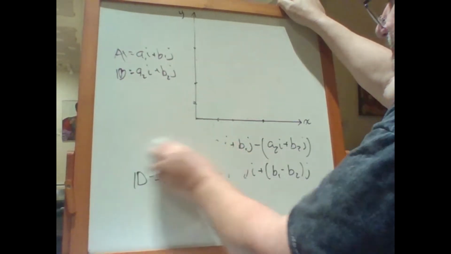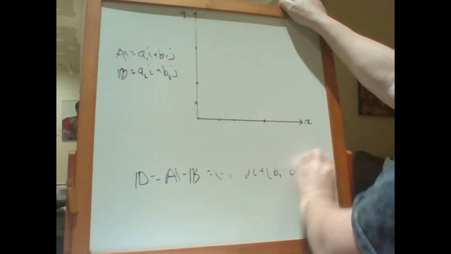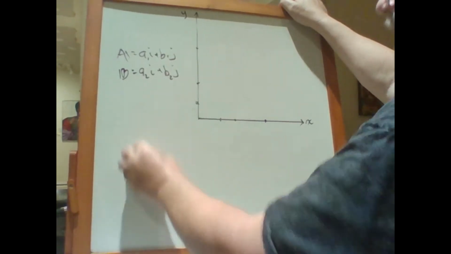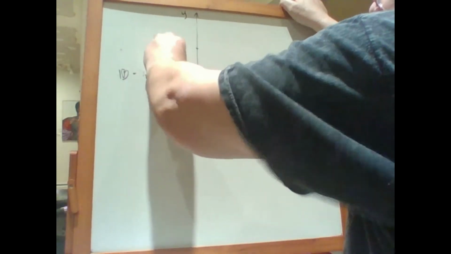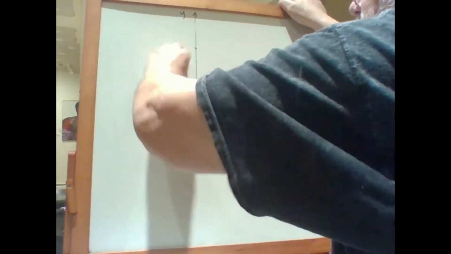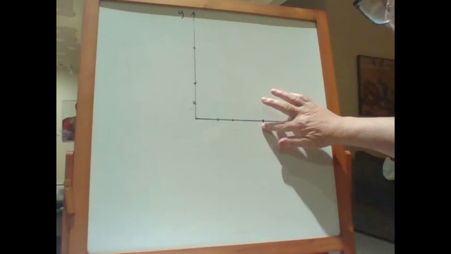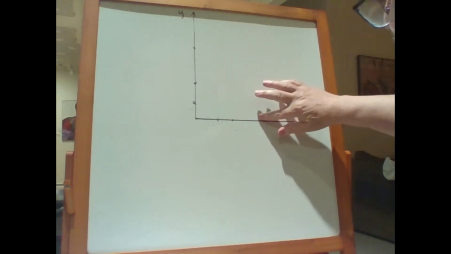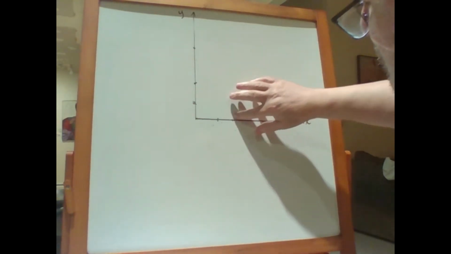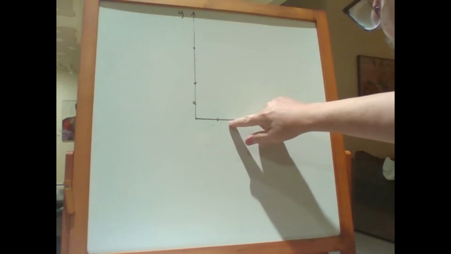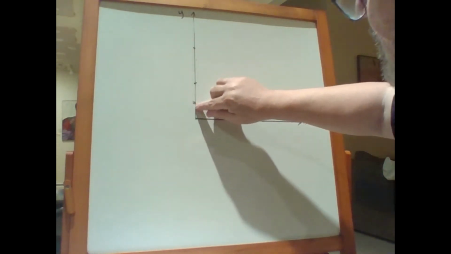And this is what it would mean in a symbolic sense. So let's take a look at an example of how we would add and subtract our vectors. Let's see if I can erase that.